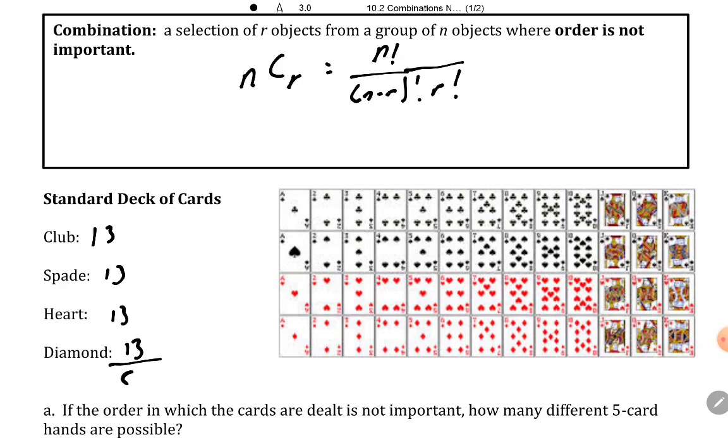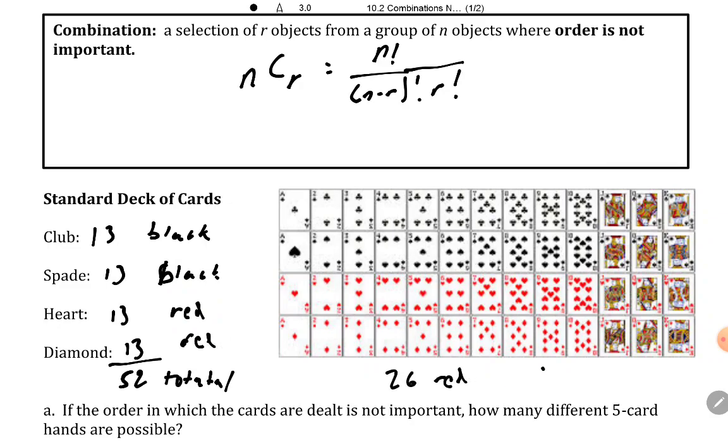So we have 52 total. The clubs are black, spades are black, hearts are red, and diamonds are red. So we have 26 red cards and 26 black cards.